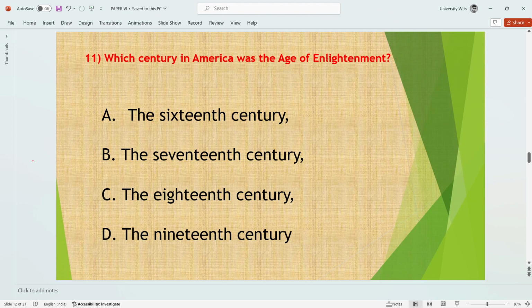Basically, guys, if you read your SLM, then you are already familiar with this answer.